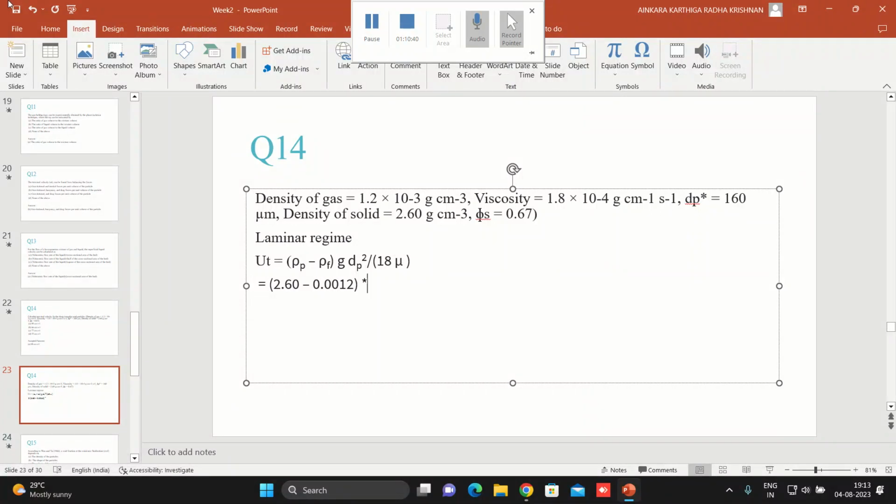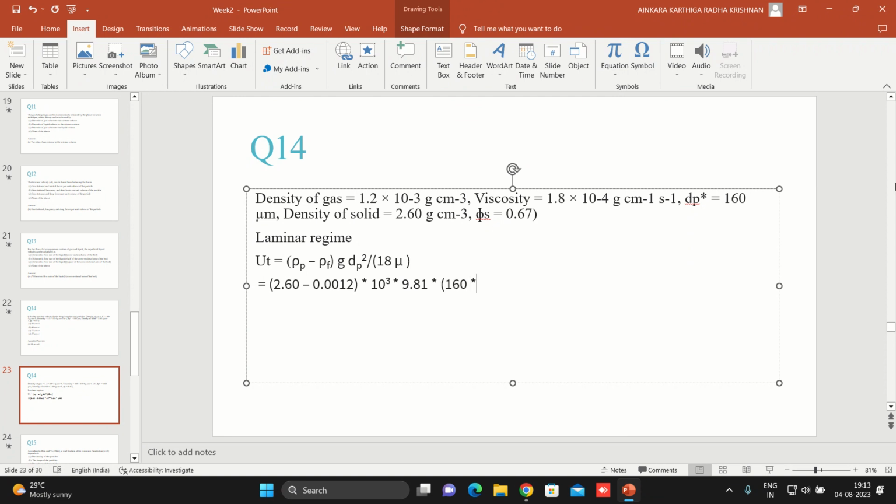If we are going with gram per centimeter cubed, into 10 power 3, if we are going with SI unit, 10 power 3 into 9.81 into dp, which is 160 into 10 power minus 6, square, divided by 18 into 1.8 into 10 power minus 5.